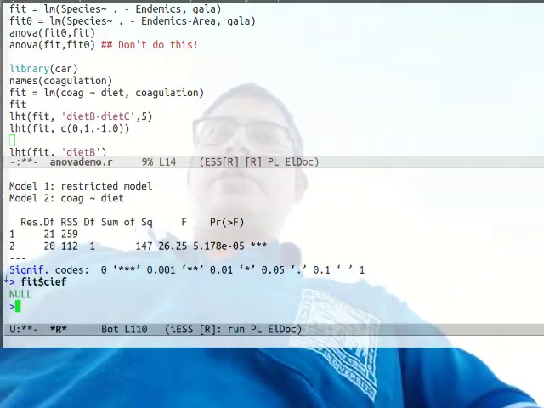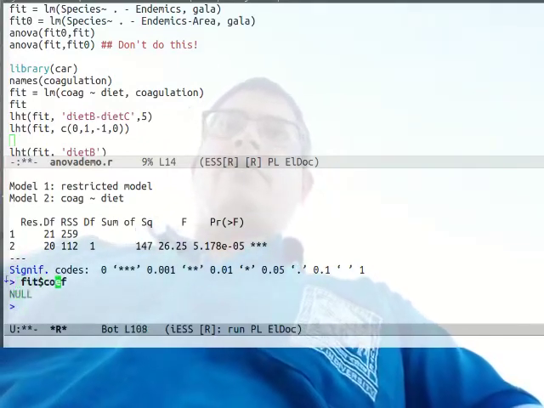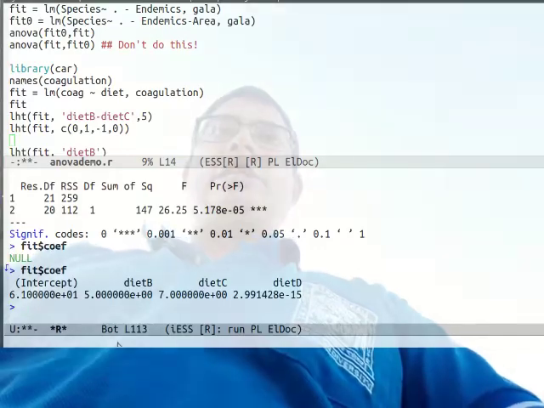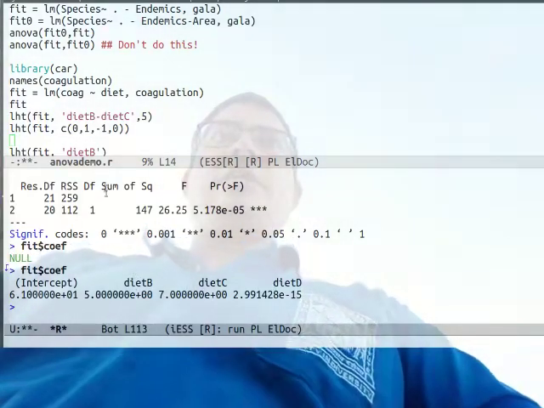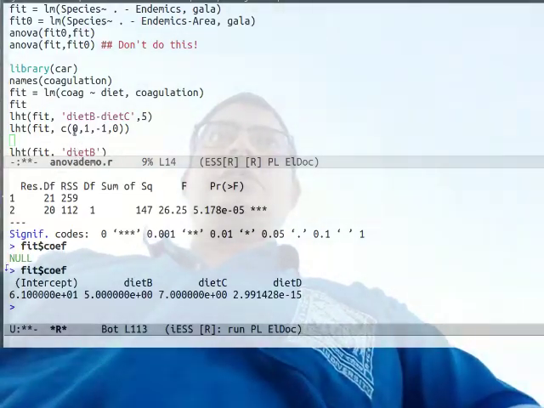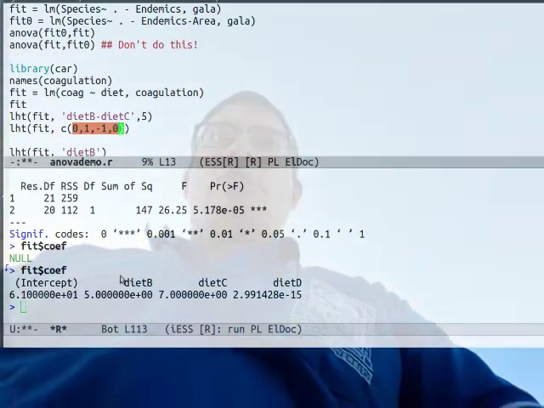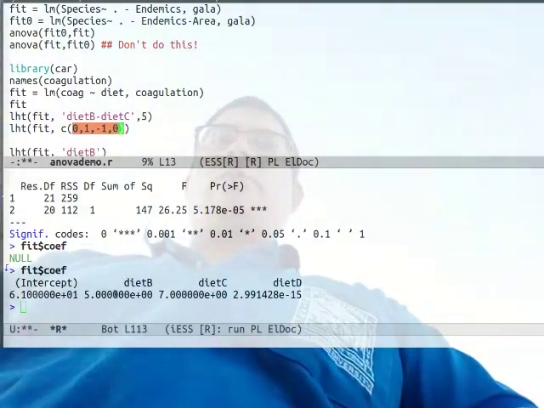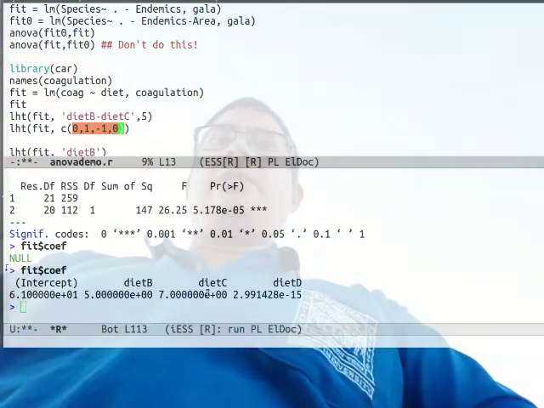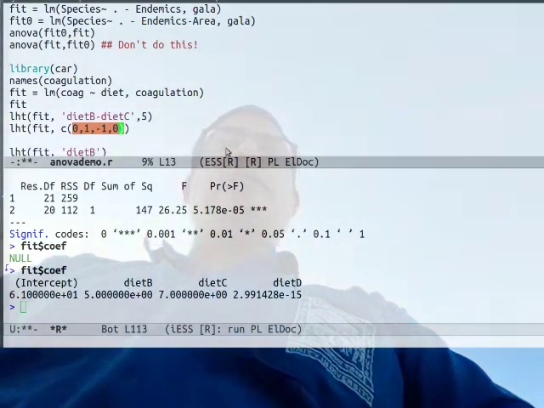Sorry, I misspelled it. coef. So they are intercept, dietB, dietC, dietD. So I can write the same thing as a linear combination 0, 1, -1, 0. So 0 means I am not taking intercept, coefficient 1 for dietB, minus 1 for dietC. So dietB minus dietC, no role played by dietD.